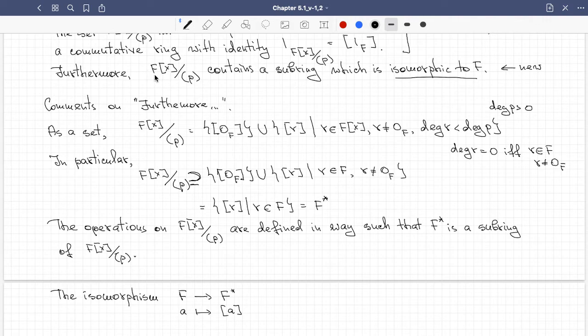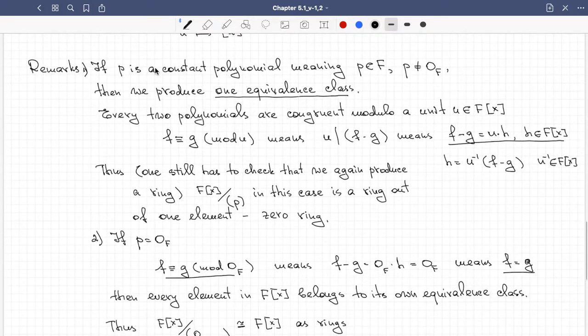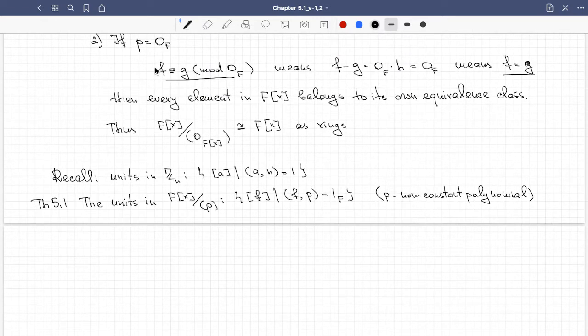So all non-zero constants are among units. So here, there are units in this field, so any non-zero constant is here.